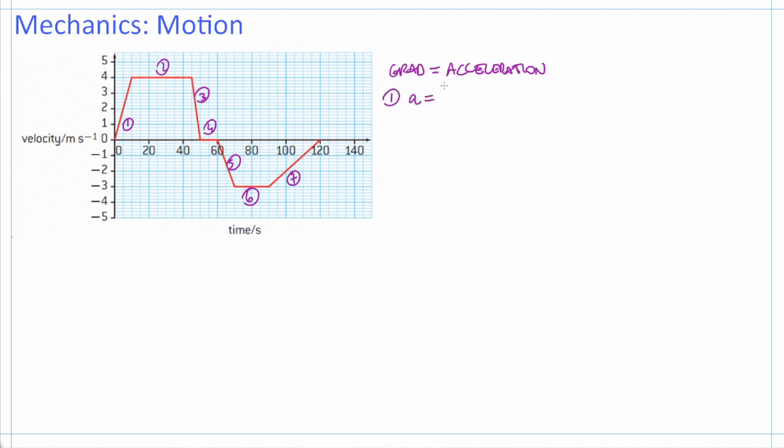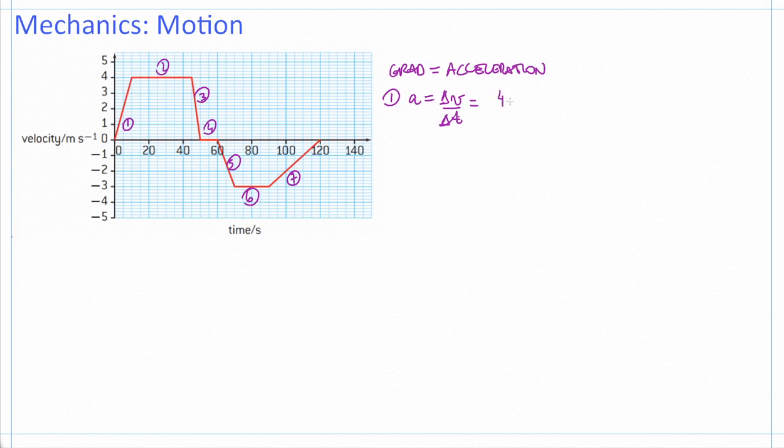Now, we're going to get the gradient, which is rise over run, but if you notice, rise is changing velocity, and run is changing time. So it's exactly the same thing. We're actually doing this when we get the gradient. So if we get the gradient here, that would be rise 4 and run 10.